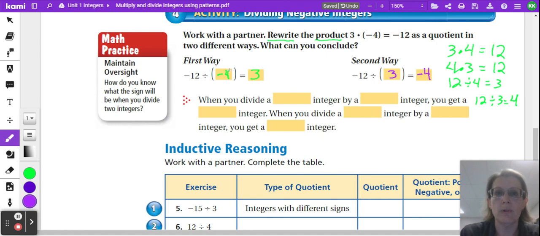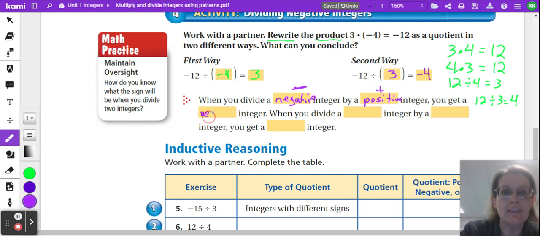So we notice that when you divide a negative, if you just want to put minus in there, you can, by a positive, you can put a plus there if you want to. When you divide a negative integer by a positive integer, you will get a negative result.